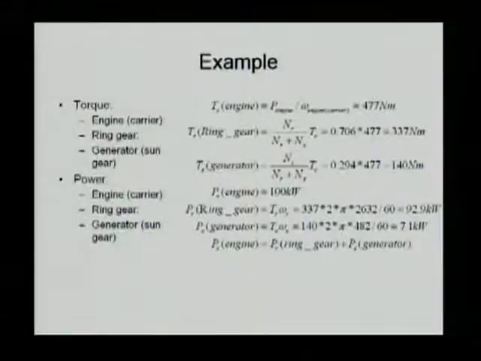So the ring gear power is 92.9 kilowatts, which is transmitted directly to the final drive, from engine to final drive. But 7.1 is going to be transmitted to the generator to become electricity. That 7.1 kilowatts of electricity can be used to drive the motor, or it can be put in the battery. It depends on the power demand from the vehicle.